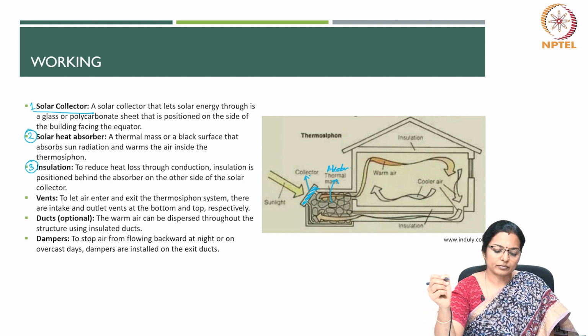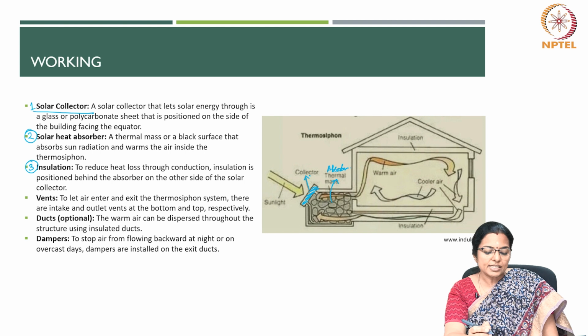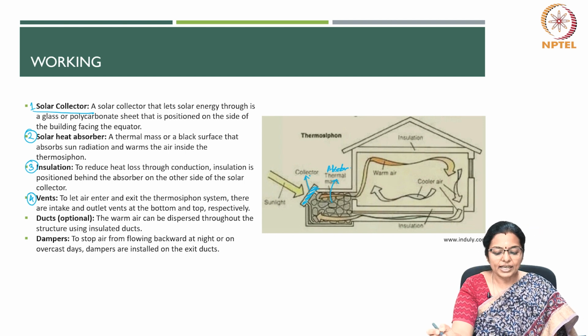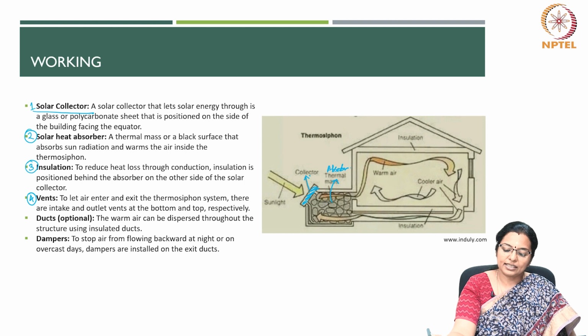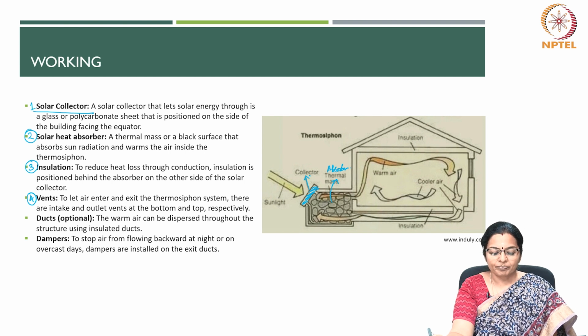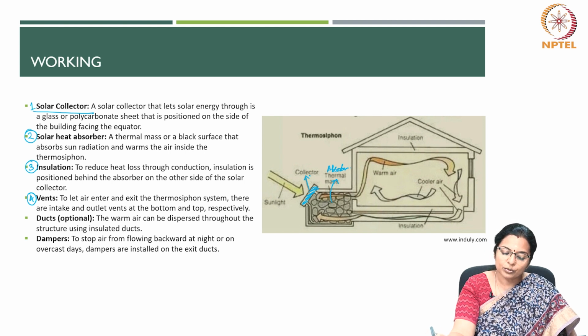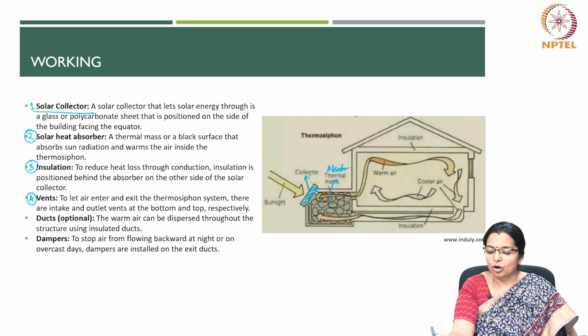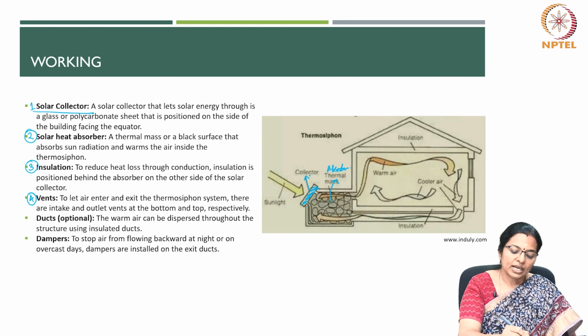Then vents are placed to let air enter and exit the thermosiphon system, and they are there as the intake and outlet vents at the bottom and top respectively. Ducts may be optional.